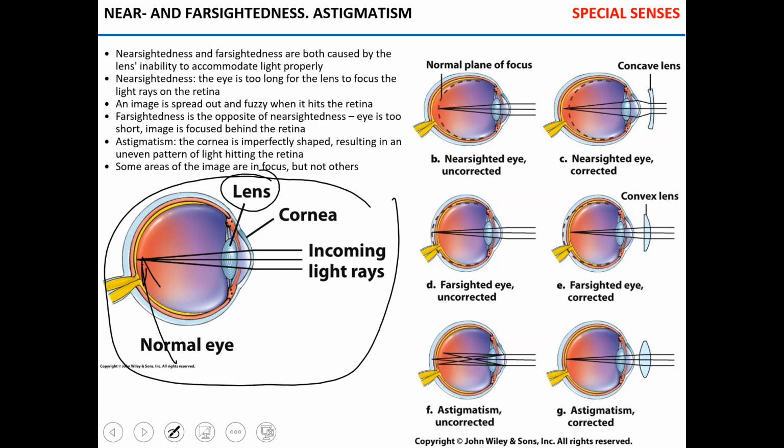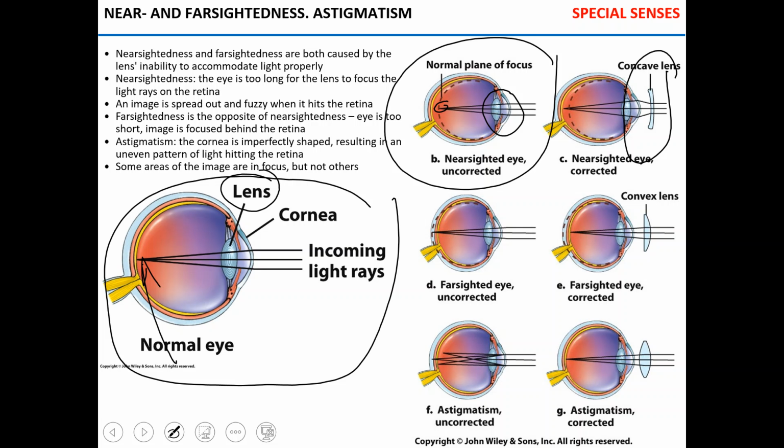In the nearsighted eye, lens cannot focus light on the retina because nearsighted eye or myopic eye is too long. You can see that the focal point is in front of the retina. To correct for that abnormality, people who are myopic or nearsighted wear so-called concave lens. You can see how they are shaped.